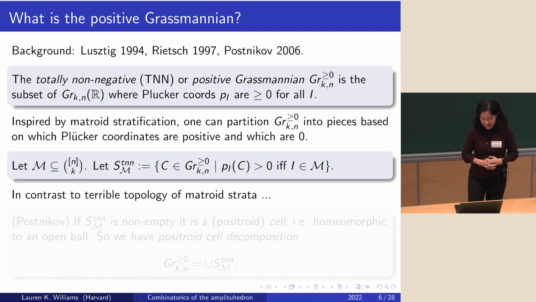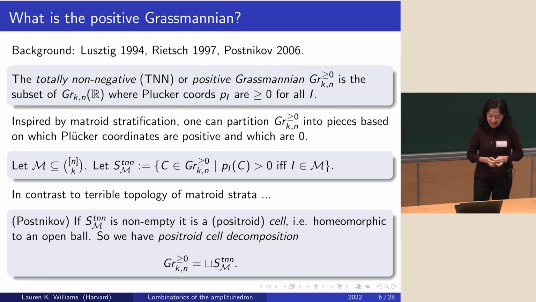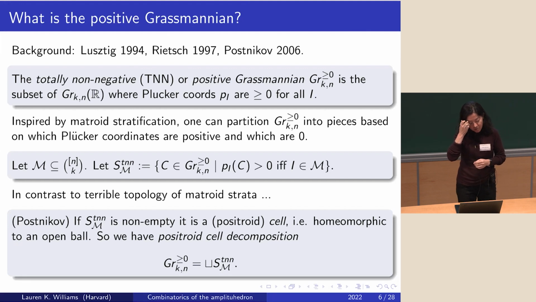In contrast to the terrible topology of the matroid strata, Postnikov showed that these pieces are actually cells. So if S_M^tnn is non-empty, it's a cell, in other words, homeomorphic to an open ball. And so this gives us a cell decomposition of the positive Grassmannian into pieces called positroid cells.